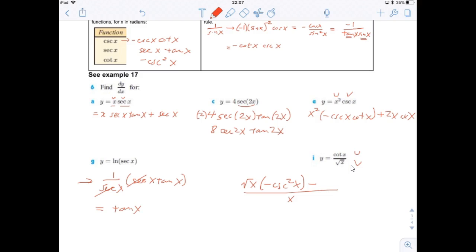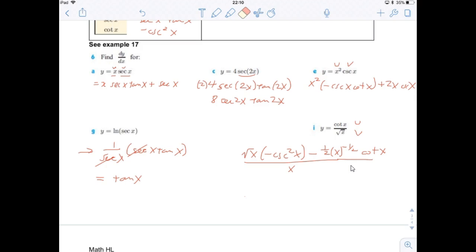Minus u dash, which would be 1/2 x to the negative 1/2. I'm sorry, that's v dash, right? Times u, which would be cotangent of x. And this was adjusted in the book solution, but this is okay.